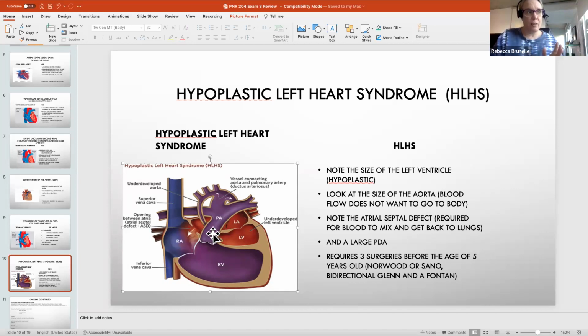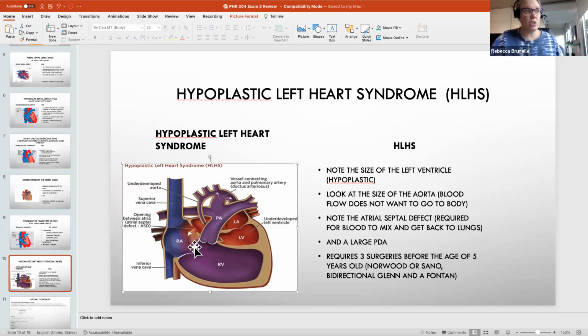And then they fuse these 2 vessels together to make one big outflow tract. So then they'll have to redirect blood flow down. So then they do a shunt. They create a shunt that will take from their single ventricle that they create back to their lungs. So that's their first surgery.